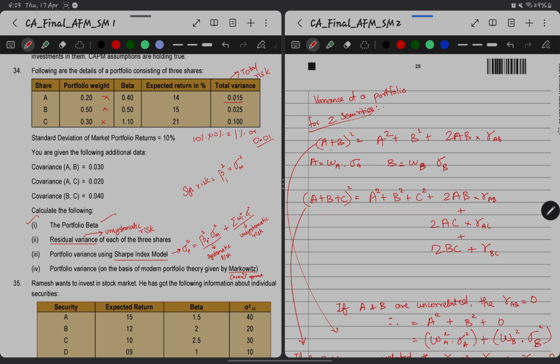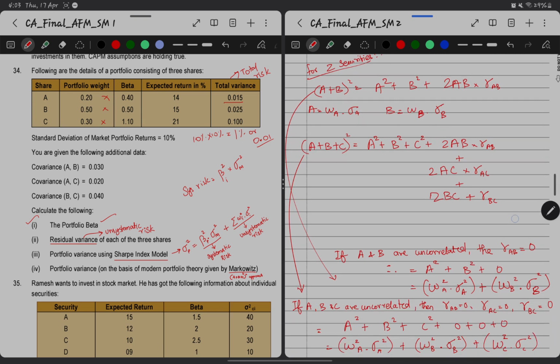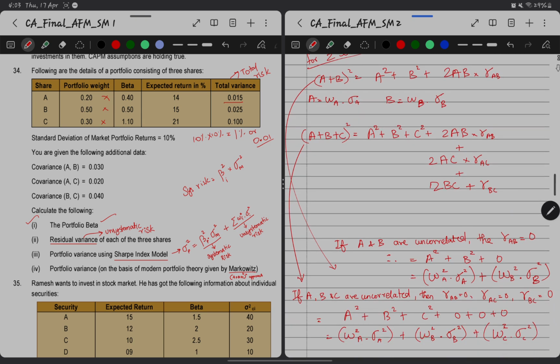Let's say in case of two securities, a plus b the whole square approach, a square plus b square plus 2ab multiplied by the correlation of a and b. If the correlation is 0, then 2ab multiplied by 0 will become 0. So it will be just a square plus b square. Hence the formula will become weight of a square multiplied by standard deviation of a square plus weight of b square multiplied by standard deviation of b square, or the variance of b.